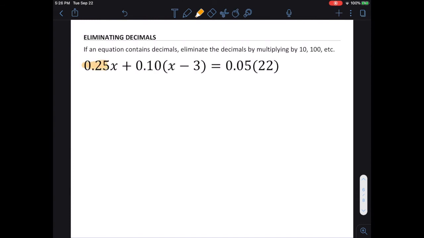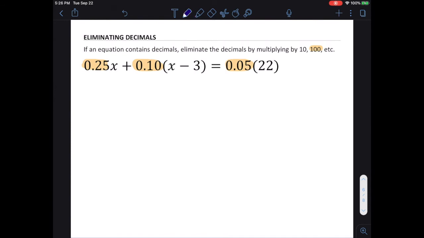So we have a decimal here, here, and here. So if each term has a decimal in it, we can eliminate all those decimals by multiplying by 100, because there are 2 decimal places in each one.